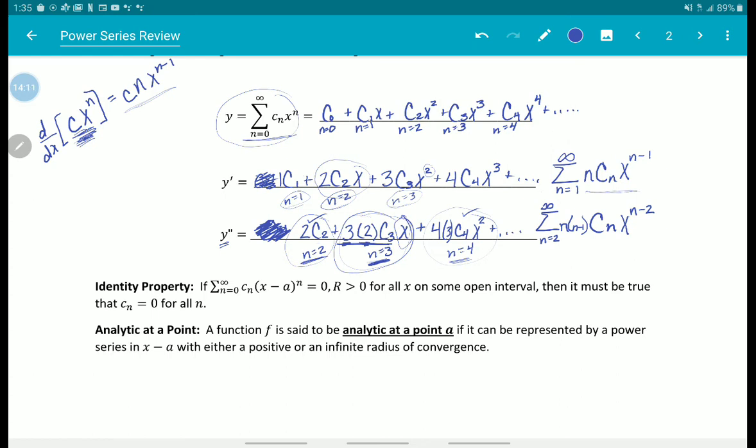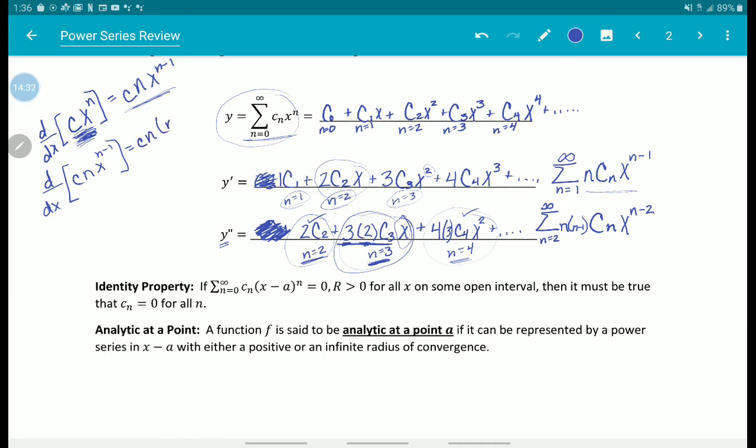Now, let's go back to Calc 1. We found the first derivative and we got this. What if we wanted to take the derivative of what we just had? Well, if you think back to Calc 1, to take this derivative, we would keep those constants in front, so Cn.